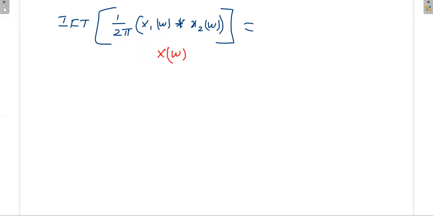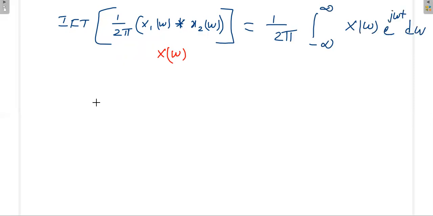If that is the case, how will we apply the formula? That is 1 by 2 pi integration minus infinity to plus infinity, X of omega e power j omega t d omega.